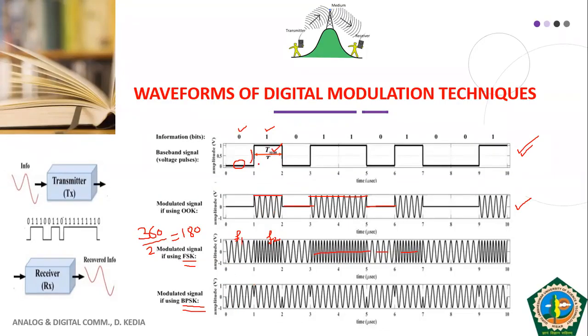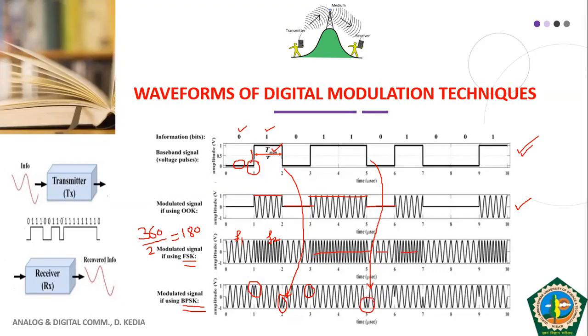So you can see here, when we move from 0 to 1, there is a phase change of 180 degree. Then again, if we move from 1 to 0, then again we have a phase change of 180 degree. Then again phase change of 180 degree. Then we have the transition from 1 to 0 again, then again there is a phase change.